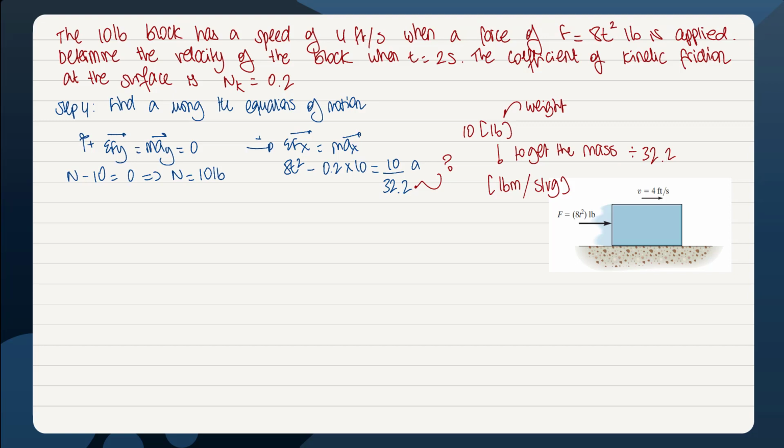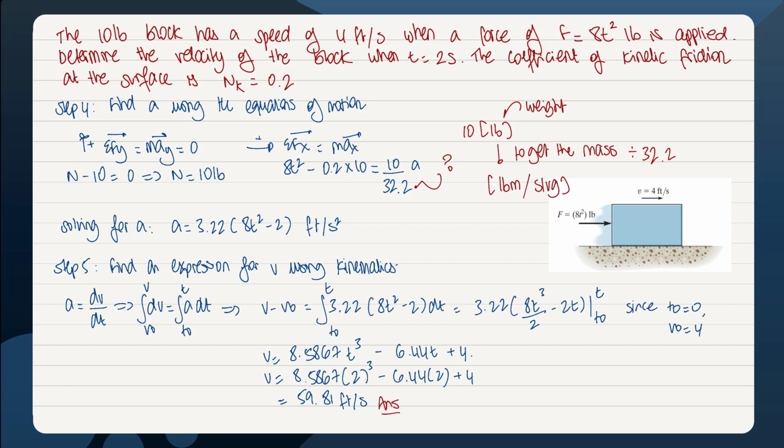So having an equation in terms of a and t, we can write a is equal to 3.22 times 8t squared minus 2. So now that we have a, we can find an expression for v using the kinematics, so the equations from chapter 12. a is equal to dv over dt, so we can perform the integration, and we end up with an expression v minus v0 is equal to the integral from t0 to t of the a expression as a function of time.